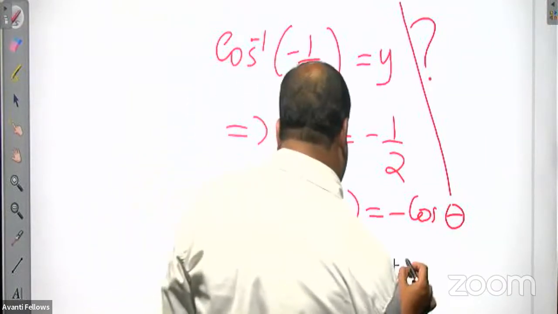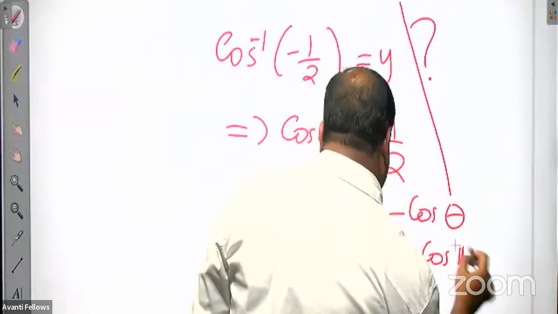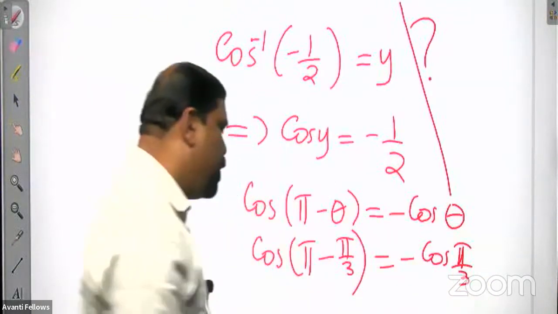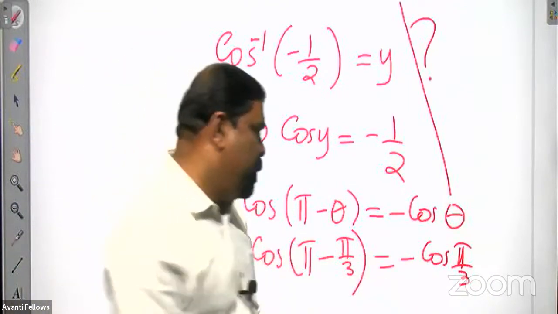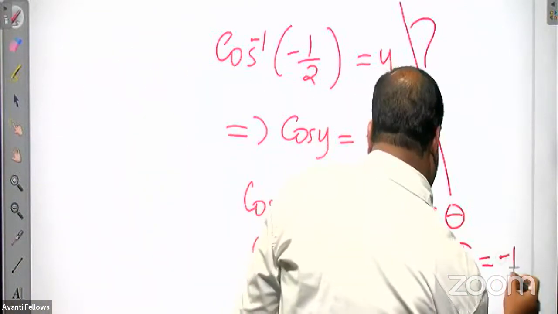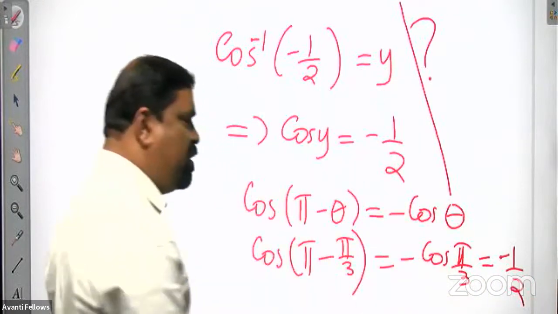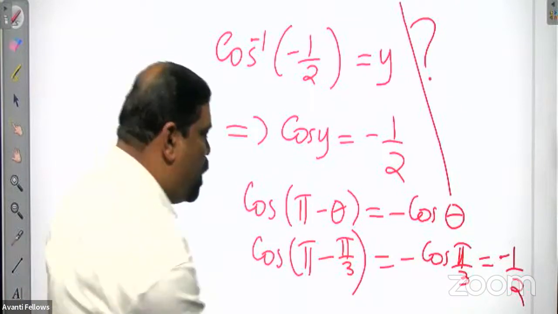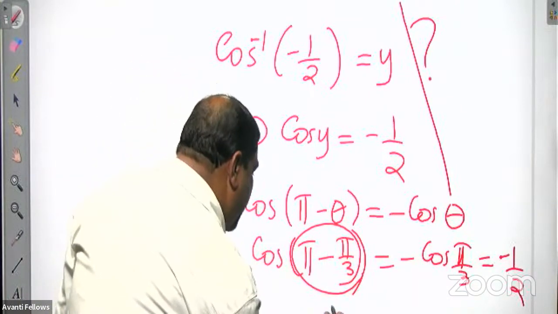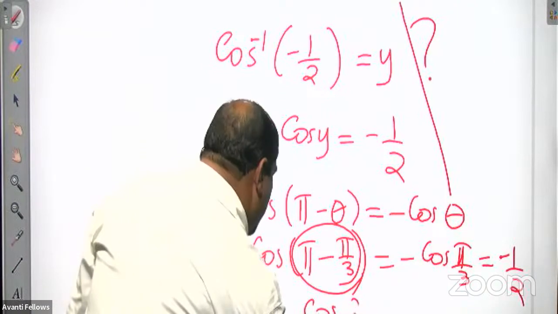Cos of pi minus pi by 3 must be equal to minus cos pi by 3, and that is minus 1 by 2. So what is the value of y satisfying cos y is minus 1 by 2? That is pi minus pi by 3. Pi minus pi by 3 is what? 2 pi by 3. You know?